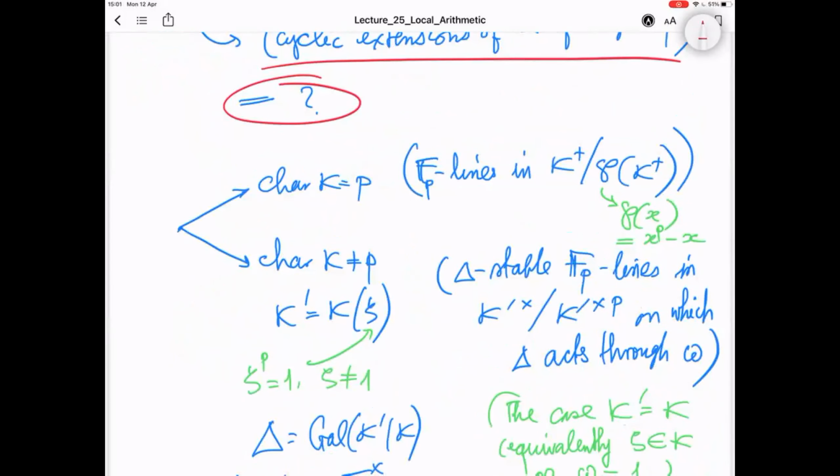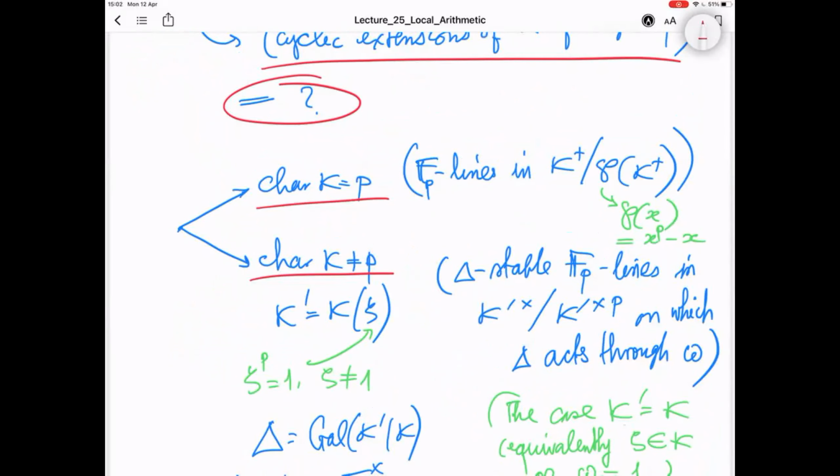So there were two cases which we distinguished. The first case is when the characteristic of the field K is equal to the prime number p. And the second case is the one where this characteristic is different from the prime number p.